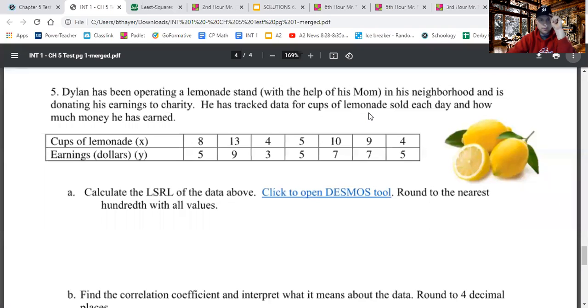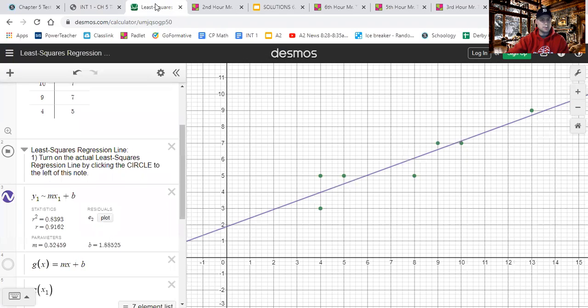All right, and in number 5, Dylan has been operating a lemonade stand with the help of his mom in his neighborhood and is donating his earnings to charity. So we've got the data tracked for the cups of lemonade sold each day and how much money is earned. So it's purely a donation. Our job in part A is to calculate the LSRL of the data by using our Desmos LSRL tool. We're going to round our numbers to the nearest hundredth. So we're going to jump over to Desmos right now.